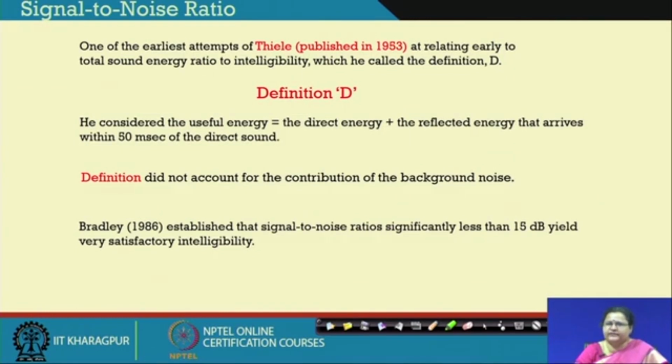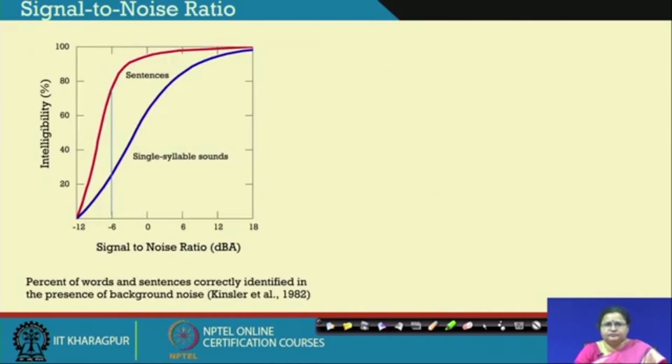And later he told that if the signal to noise ratio is between 10 to 15, it is satisfactorily intelligible, that is, 80 to 100% intelligibility can be achieved. So, these are some background studies the scientists started doing, and you can see the dates, it was just 15-30 years back that all these things were happening.